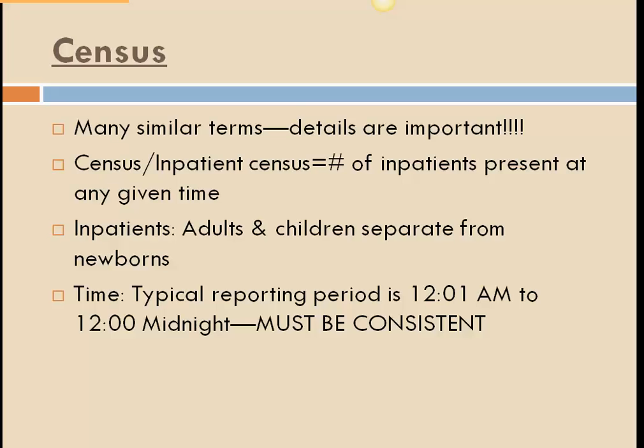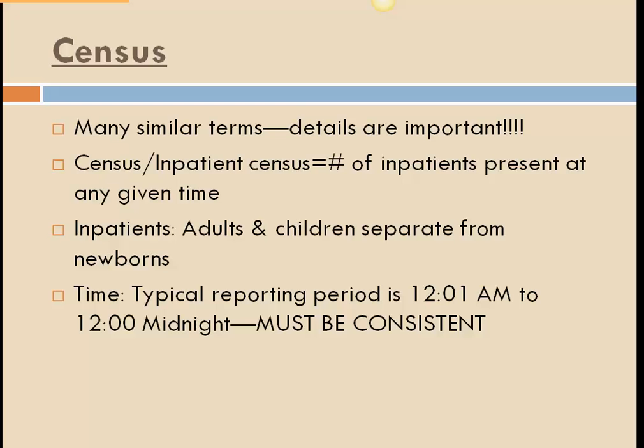The time might vary from facility to facility. Typically, the reporting period goes from 12:01 a.m., so 1 minute after midnight, all the way up to 12 midnight, and then the census is taken at midnight. So that period is not regulated, but the important thing is that it's consistent, and most facilities do use this time frame.